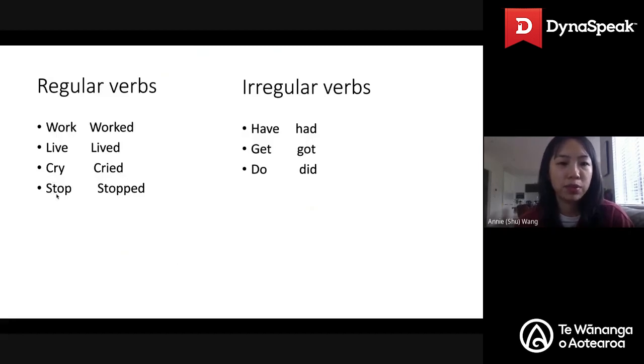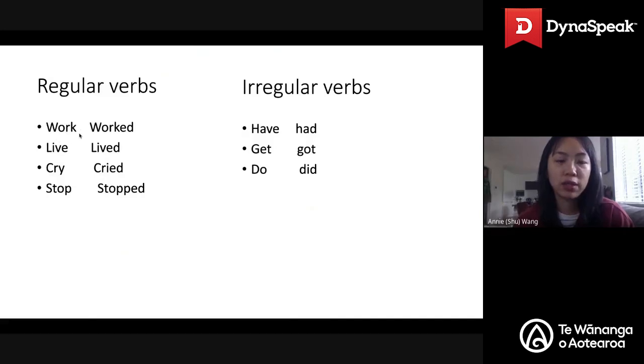And stop, okay, this is another special word. So we have a consonant T, an O is a vowel, and a P is another consonant. And for this word, we need to double the consonant, double P, and we have stop, stopped. Okay, let's review again.